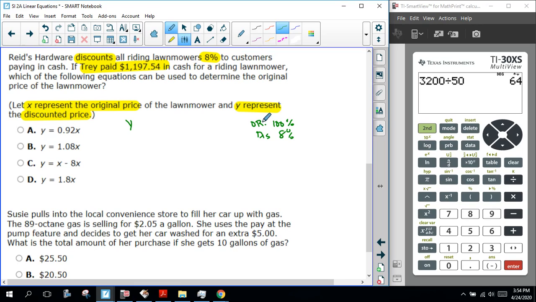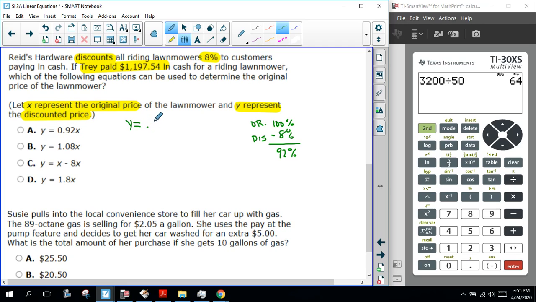So if I have an original cost of 100% and a discount of 8%, we're going to subtract those. You are actually going to pay 92%. So I'm going to pay 92% of the original. So y is going to equal 92%.